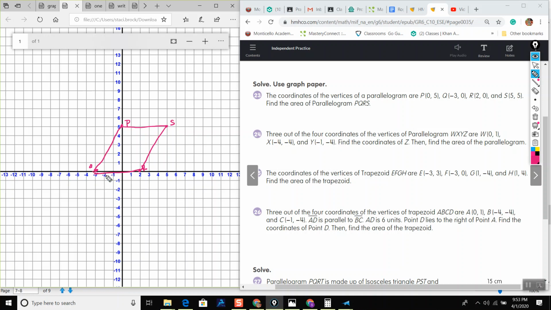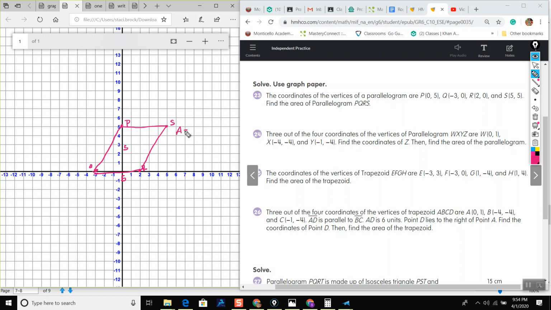And then we're just going to find the base and height. 1, 2, 3, 4, 5. Notice I'm counting spaces, not the numbers. So here's 1 space, 2 spaces, 3 spaces, 4 spaces, 5 spaces. So our base is 5, and counting the spaces up, 1, 2, 3, 4, 5, we also have a height of 5.